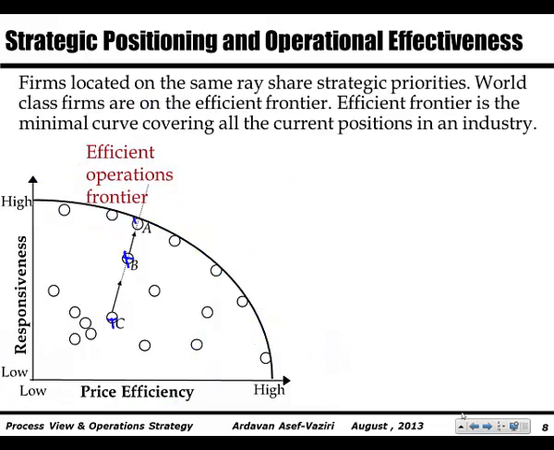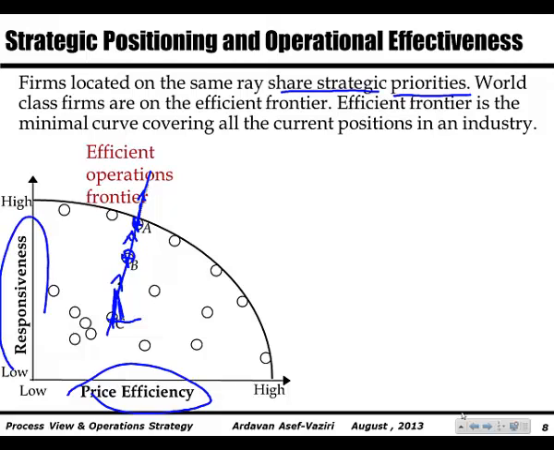These firms, which are on the same array, share strategic priorities. So this one, which is here and wants to go there, this one which is here and wants to go there, this one which is here and hopes to go there, they all have the same trade-offs for price efficiency and responsiveness.